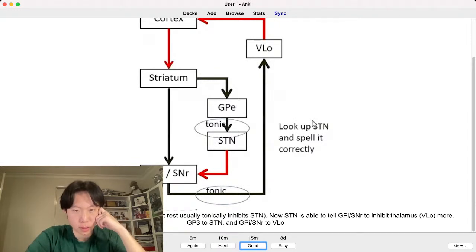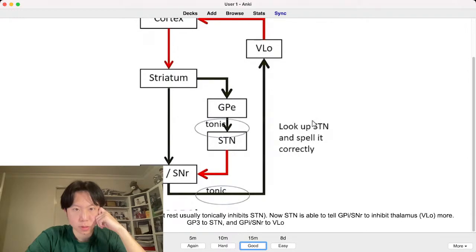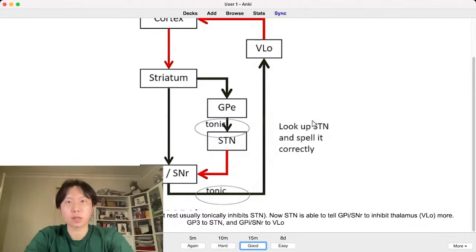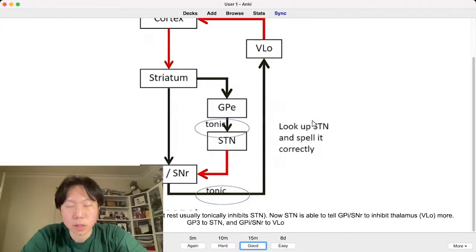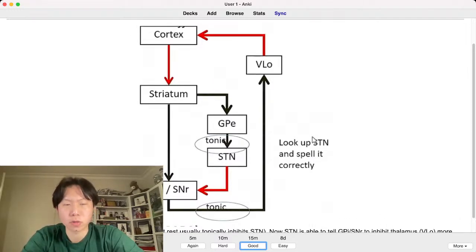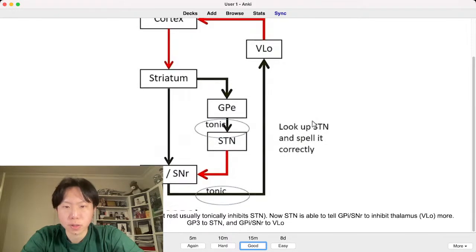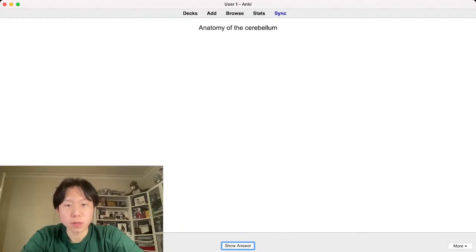But the STN now tells it to inhibit it. Subthalamic nucleus stimulates that, tells it to restrict the VLO, and so you would get lack of movement. Yeah, good. What does tonic mean? Changeable? Yeah.